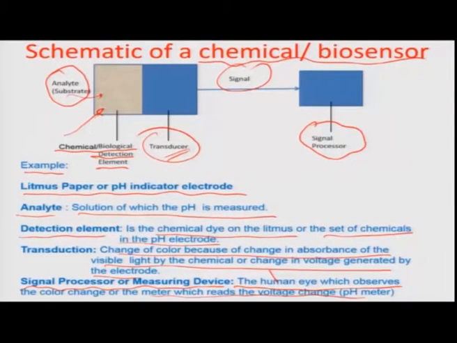But this is how you record with a simple litmus paper: the dye on the litmus paper is the recognition element, the dye changes color, which is made visible to the eyes, and the eye being the recording device makes the whole sensory system sense the hydrogen ion concentration.